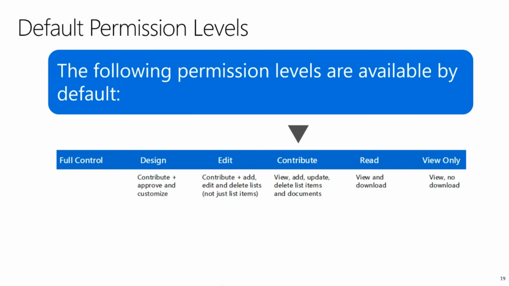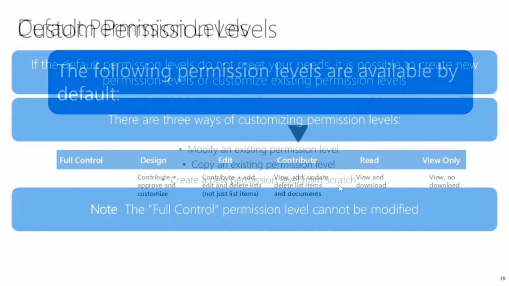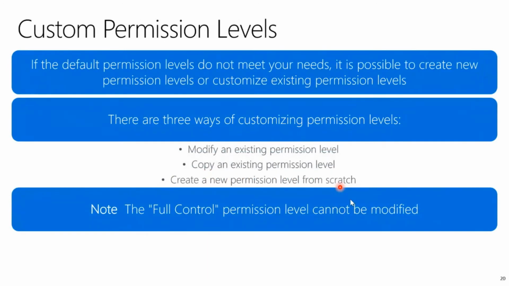So that gets us to the next topic, custom permission level, as we have already looked at default permission levels. As administrators, for more precise control, we might find a need to configure a custom permission level on our SharePoint assets.